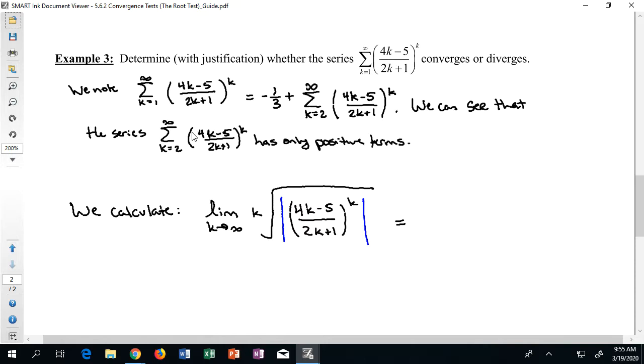So what I'm going to try to do is figure out what happens to this series. I'm not going to worry about what happens at the k equals 1 case, only what happens when I start at k equals 2. So let's take a look at this.